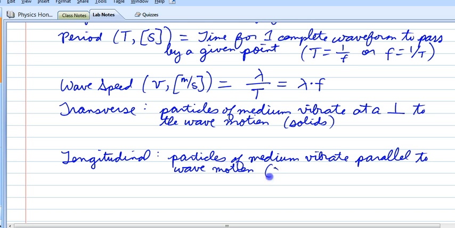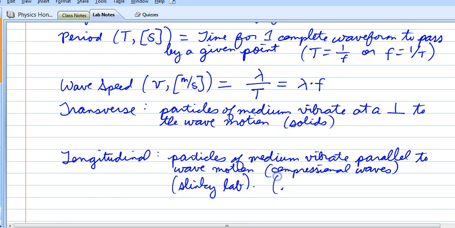So these are also called compressional waves. And we're going to see a good example of this when we do our Slinky lab in class. So keep that in mind. Okay, another good example of longitudinal is sound waves. Alright, that's pretty much all I wanted to say for now. I just want to give you an introduction to some of the characteristics of waves.